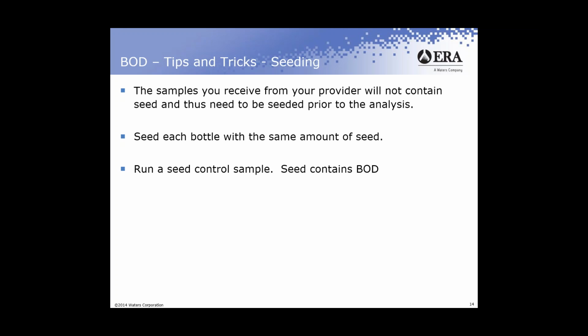That'll let you know that your seed is not only good, but you're using the appropriate amount of seed. Some of you will run seed controls with varying amounts of seed in it to see what gives you the best result. I highly recommend that. It's an excellent practice. Remember that your seed contains BOD, so you need to make sure that you're accounting for that when you do your final calculations.